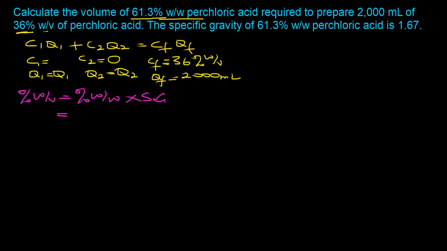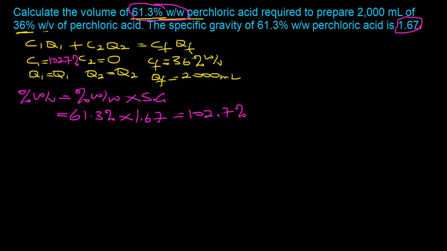So we take the 61.3% weight by weight and we multiply that by the specific gravity, 1.67, and that basically gives us 102.7%. So we just put right here for completeness 102.7%, but that's weight by volume.